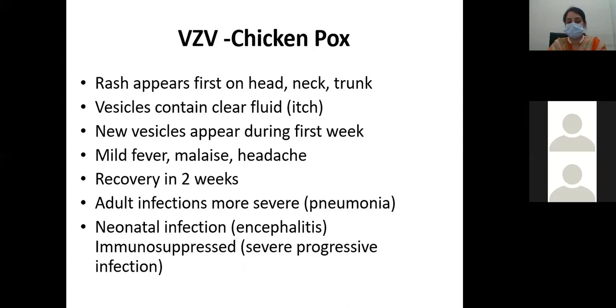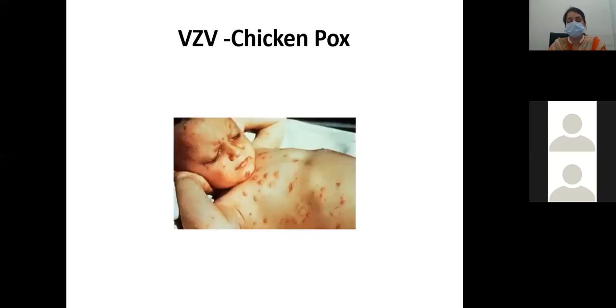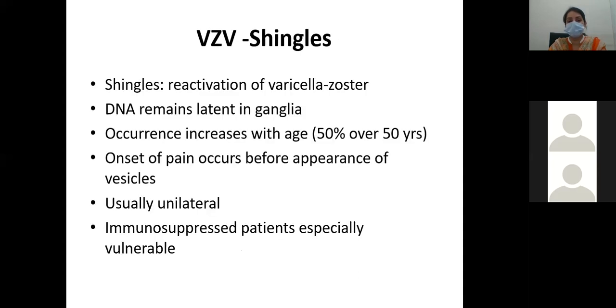Adult infections are more severe, like pneumonia. In neonatal infections there can be encephalitis, and in immunosuppressed patients there can be severe progressive disease. This is the picture of chickenpox.